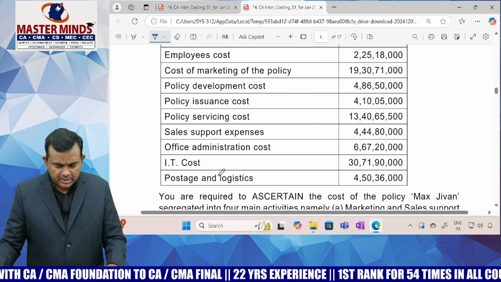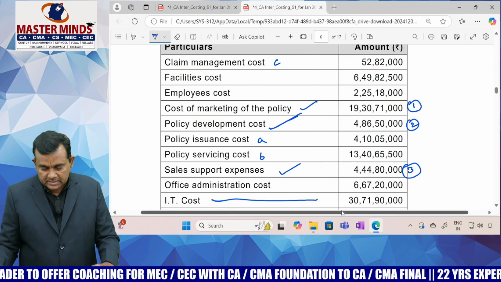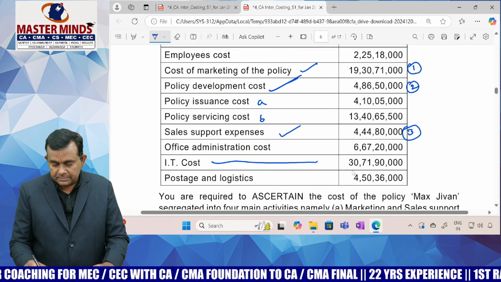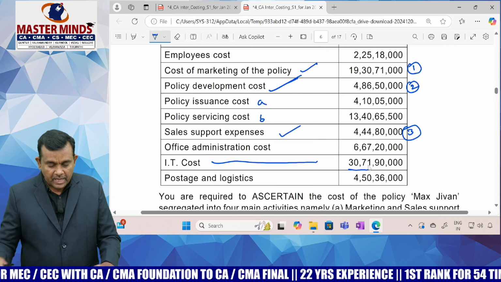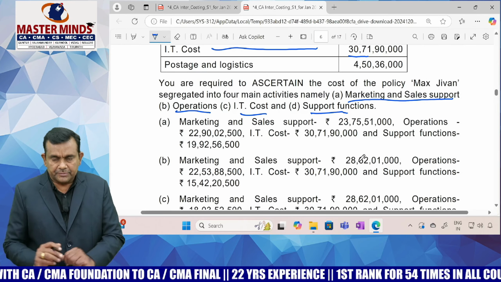Next, IT cost, that is directly given, 3,071 lakhs 90,000, sir. IT cost. Remaining all related to support functions cost.